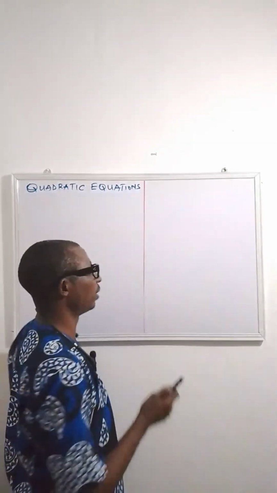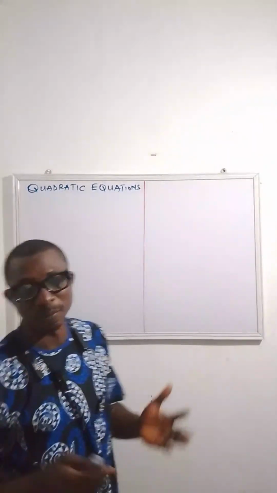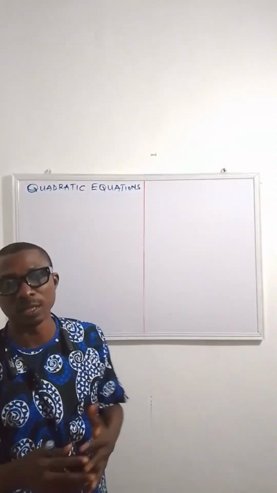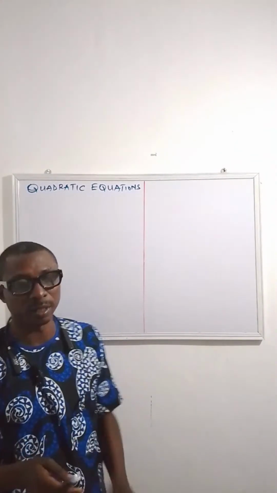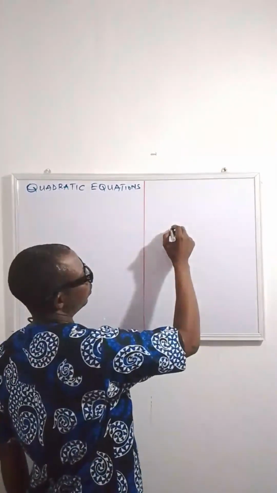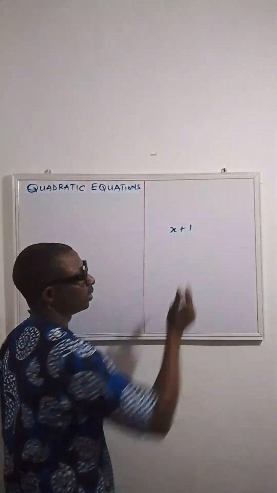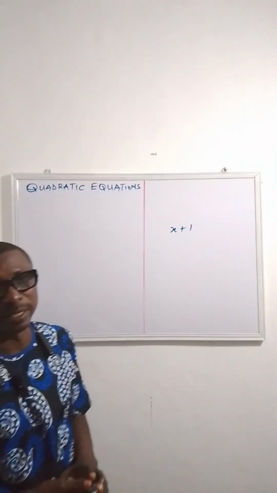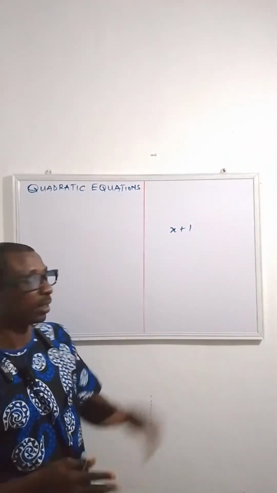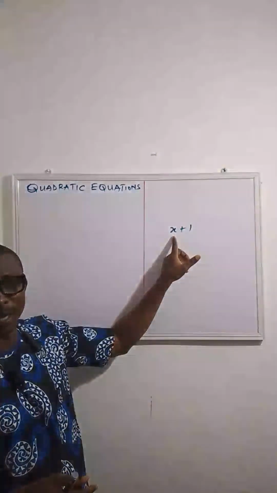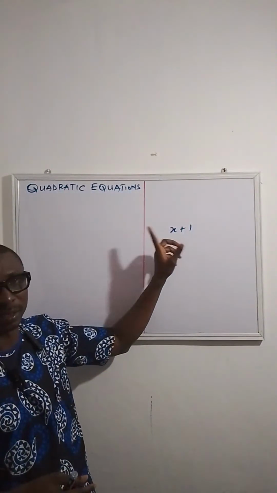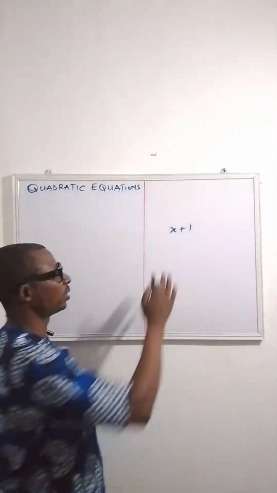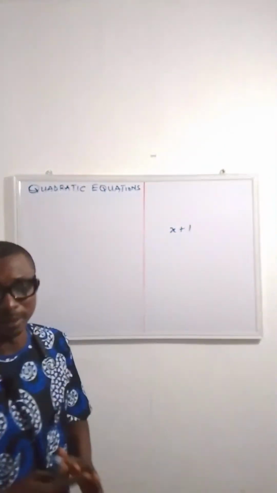A linear expression is a mathematical expression in which the maximum power of the unknown is 1. For example, x plus 1 is a linear expression. The unknown here is x, and the maximum power of x is 1, so that makes it a linear expression.